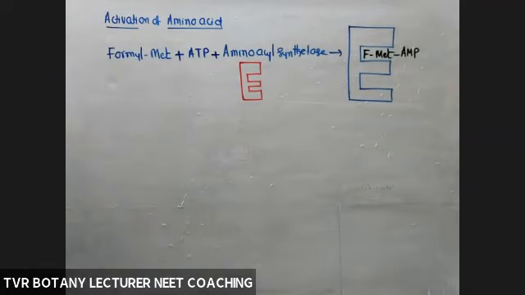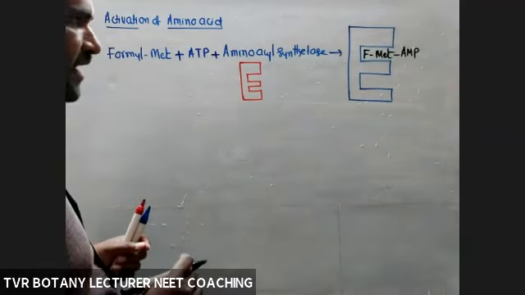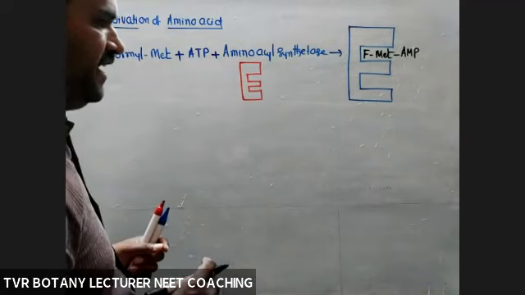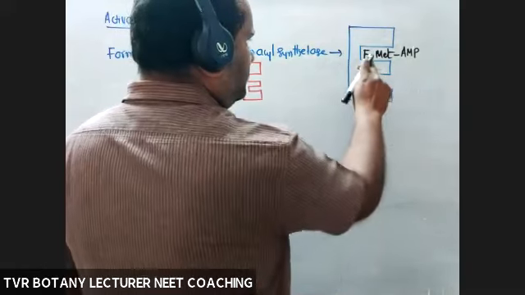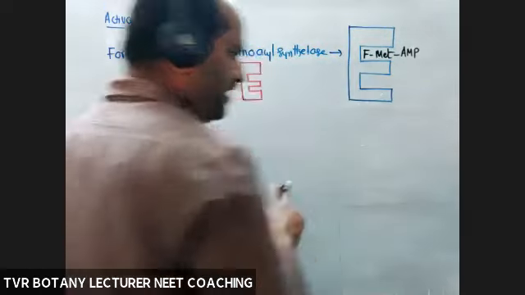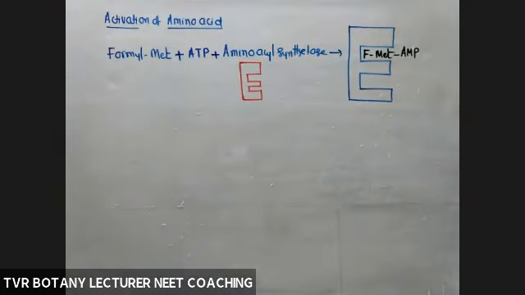One amino acid is bound to the enzyme. What is the amino acid? Formyl methionine, the first amino acid bound.